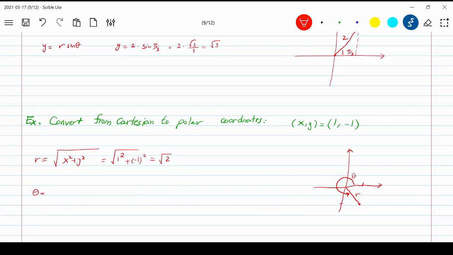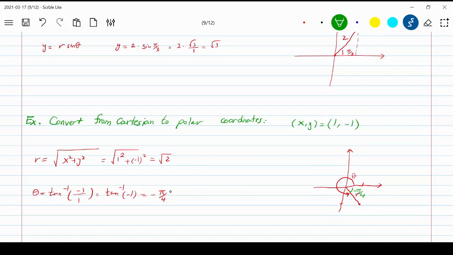Theta would be tan inverse of y over x, which is negative 1 divided by 1. So this is tan inverse of negative 1. That is negative pi over 4. If you use your calculator, you'll get negative pi over 4 in radians, and we can see that this angle is negative pi over 4.